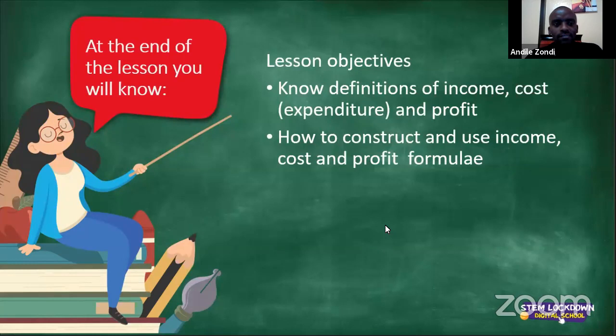Those words mean the same thing. So at the end of this lesson, you must be able to define those three terms: income, cost, and profit. And you need to know how to use three equations, which I'll show you just now how to construct. If you know that, then you're covered for this section.